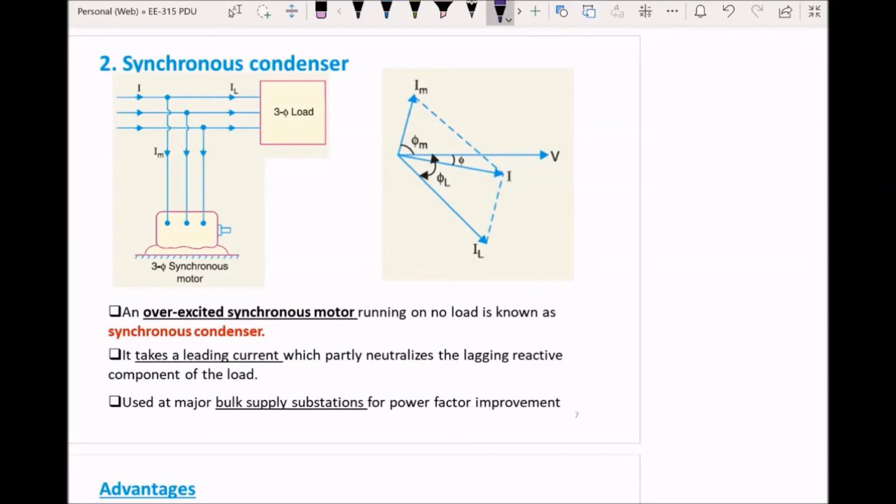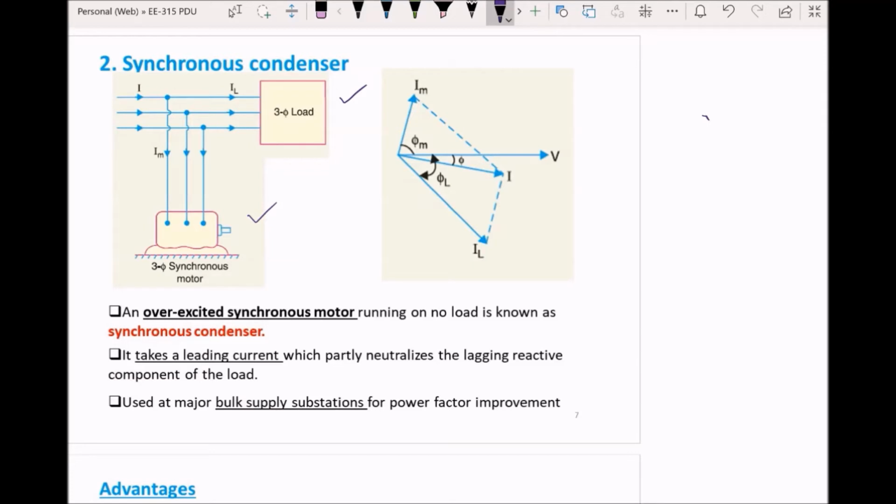The reason for using a synchronous condenser is that in industry, synchronous motors usually already exist, and instead of installing capacitors, which could be expensive, these motors which are already available can do the job. Let me give you an example. For instance, we have a system connected. On the left hand side you can see the figure. There's a three-phase load connected with a three-phase synchronous motor.